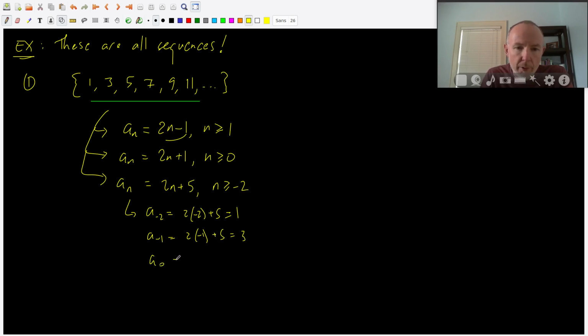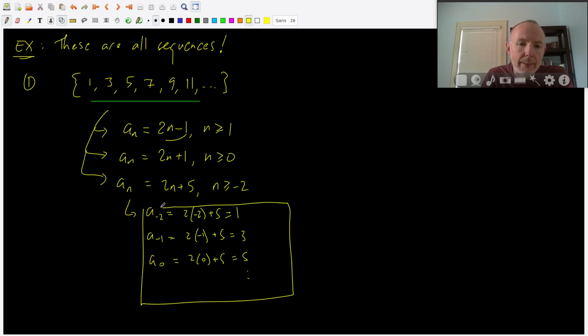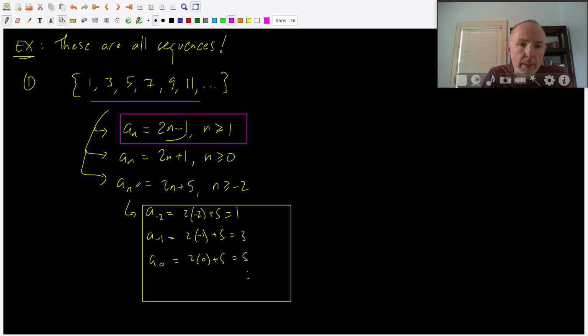And then a sub 0 is 2 lots of 0 plus 5, which is 5, and so on. And so you see that this generates the same sequence as each of the formulas. Each of these is a different way of representing the general term, right? I could do it with the purple one, I could do it with the green one, but each of these produces a different formula, but the underlying sequence is the same in each case, and that's the important thing.